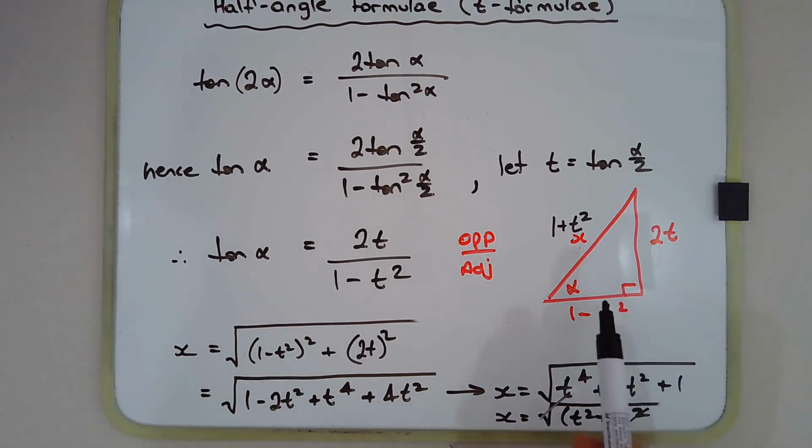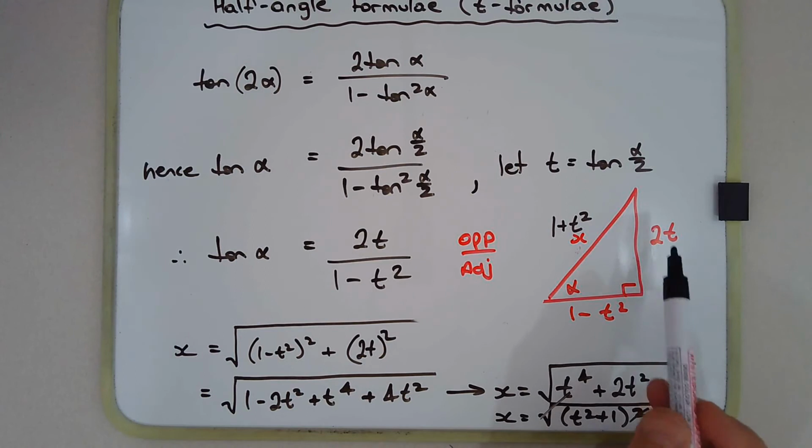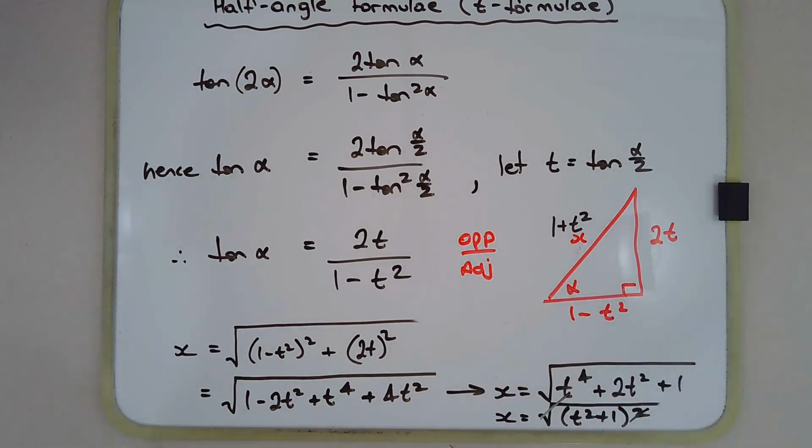Now we can express sine alpha and cosine of alpha in terms of t, using this triangle. This triangle is a very important diagram to help you understand how this all fits together. So I'm just going to flip the board now.